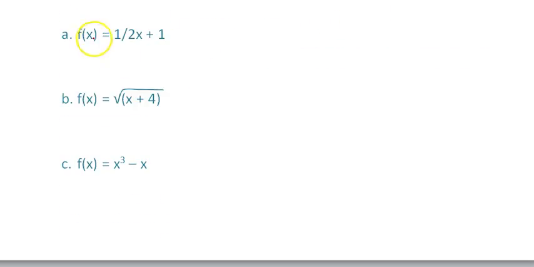Okay, so let's check these. Your first one is a line with a slope of 1/2 and a y-intercept of 1, and a line would be going diagonal in the positive direction, and it doesn't have any problems with it. So the domain would be all real numbers, and the range would be all real numbers.